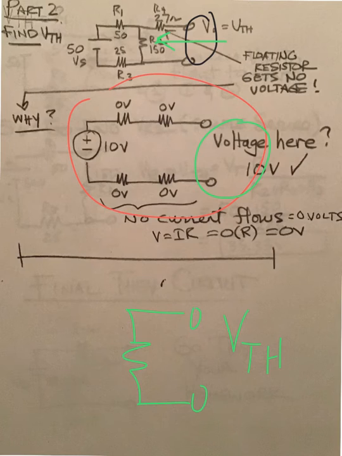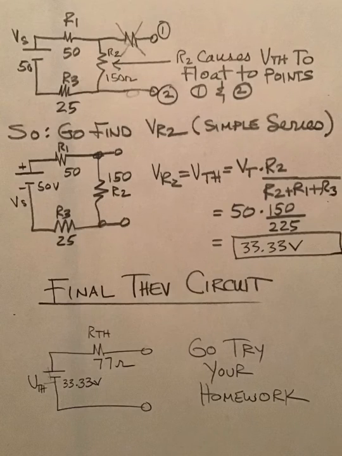Now, your battery in your circuit won't float to the gap, but the voltage of R2 located up here will definitely, up at the top of your circuit, that R2 will actually float out to the gap. That open circuit voltage is known as Thevenin. That's what we're going to be trying to solve for in the next circuit.